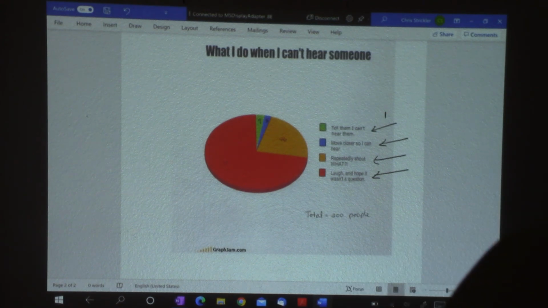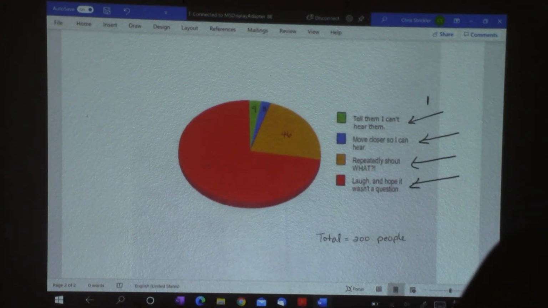Okay, so on our pie graph, we don't have percentages this time. I have 140 here. I have 46, I have 5, and I have 9. And the total is 200 people.